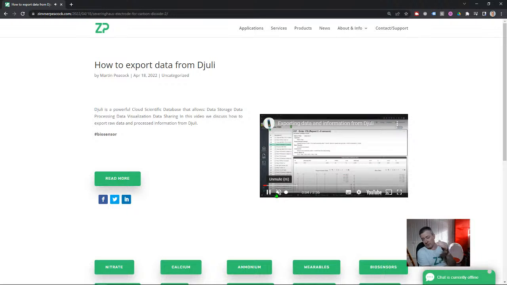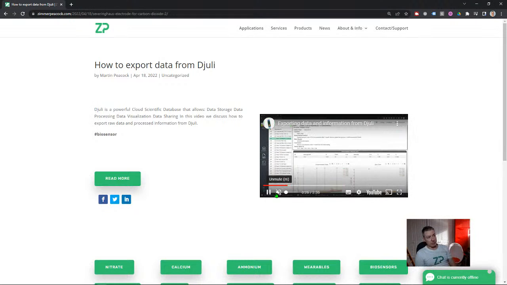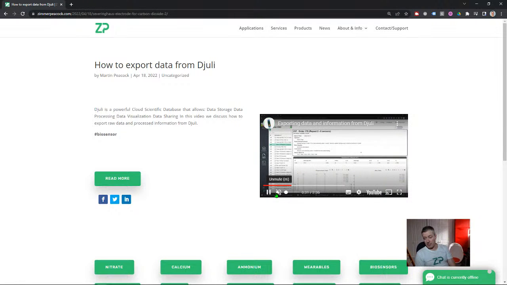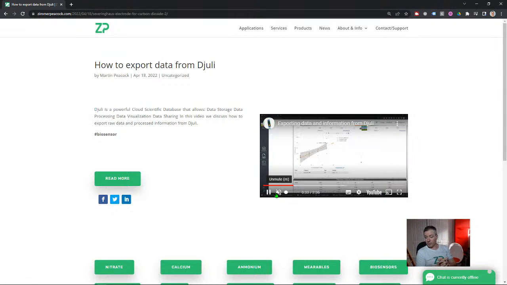What's important about this video is, if you're going to do biosensor development at any kind of scale, you're going to need screen printed electrodes possibly. You're going to need to functionalize those electrodes, and you're going to need to do parallel testing. When you've done parallel testing, you then need to do batch analysis of that data. For Zimmer Peacock, when we're asked to set up a new biosensing development lab, there are a few points to it.